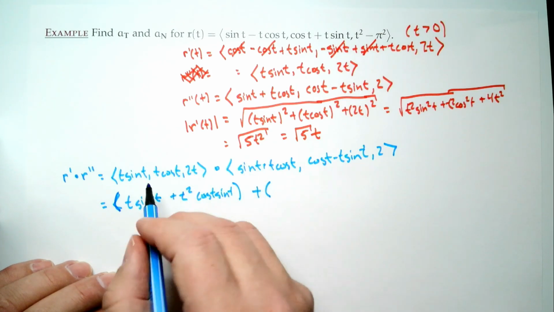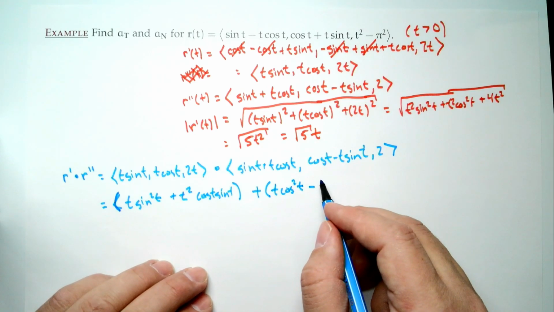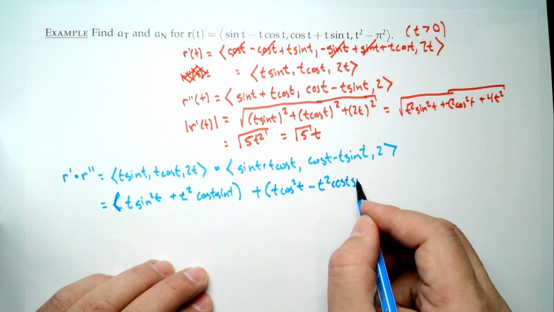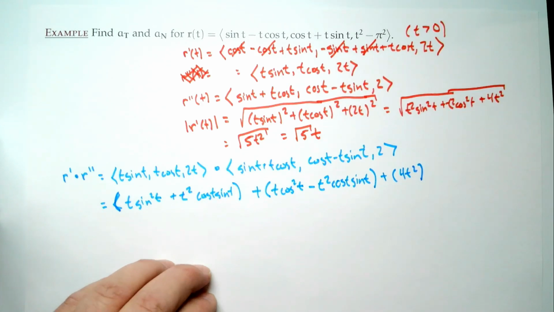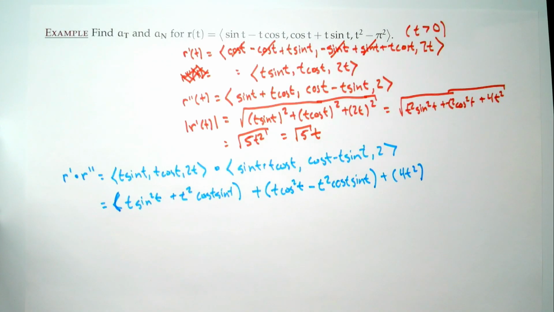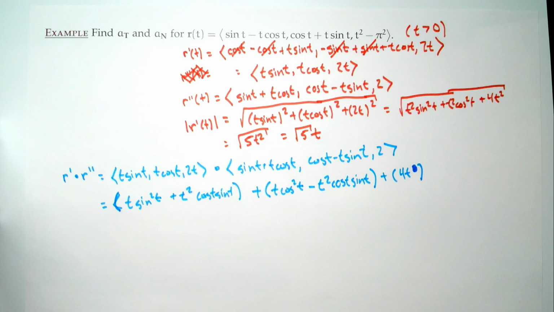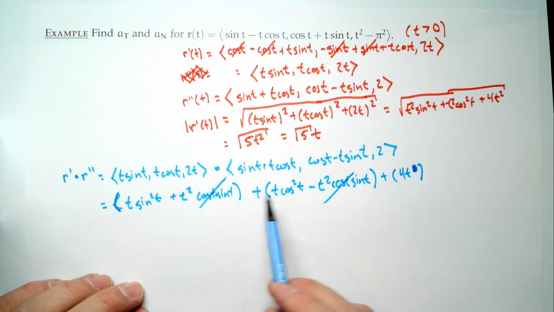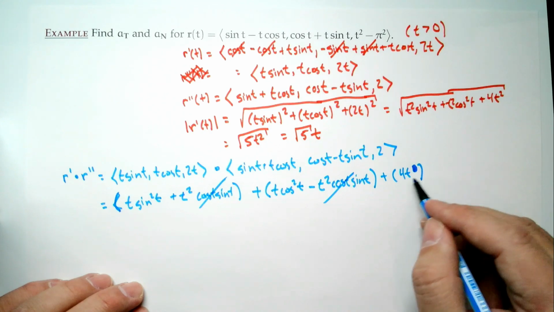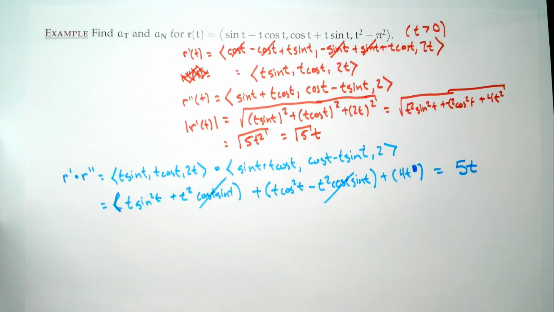Second term, t cosine squared t minus t squared cosine t sine t. And then finally, 4t. Some terms cancel out. T sine squared plus t cosine squared is t, and then there's another 4t, which makes 5t. Cool.